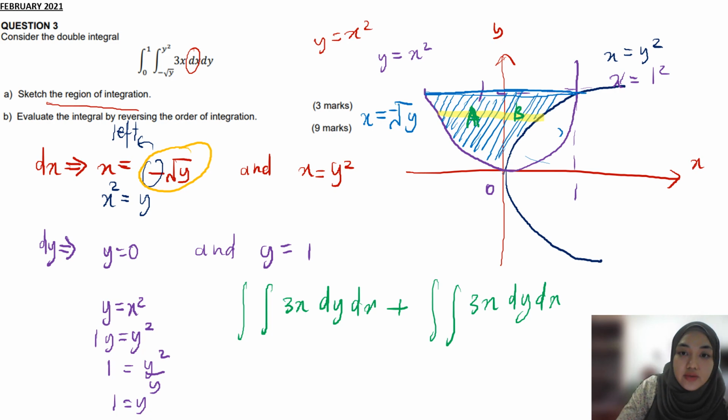Okay, so the first one is from this one. For dy, we will read from this one until this line. So it's supposed to be in terms of x, we will take this one. x squared, we use red, x squared until here equals to 0. x squared until here. We will read dx.